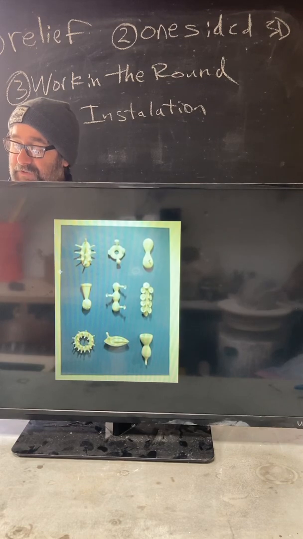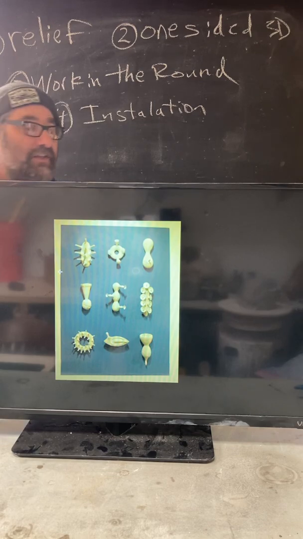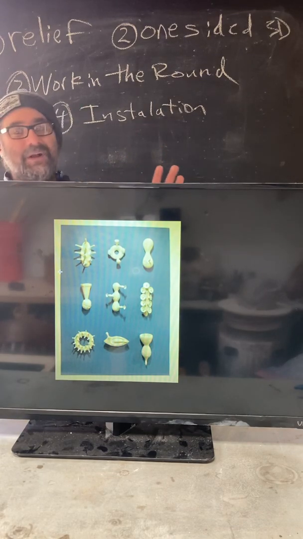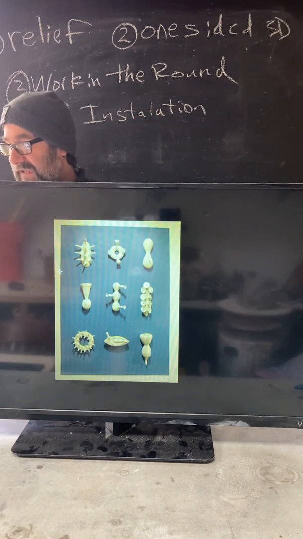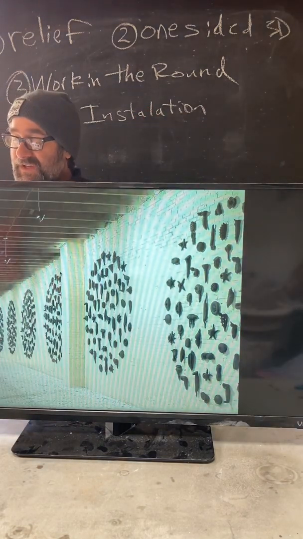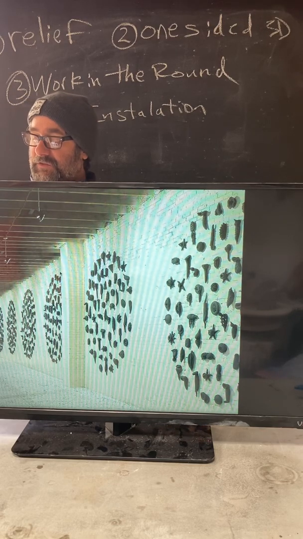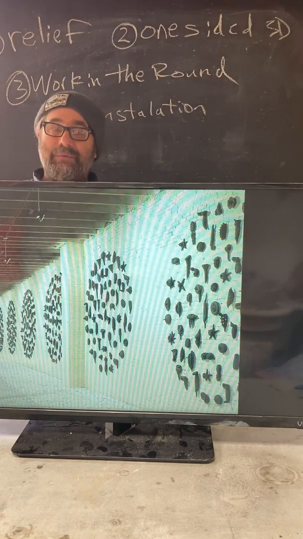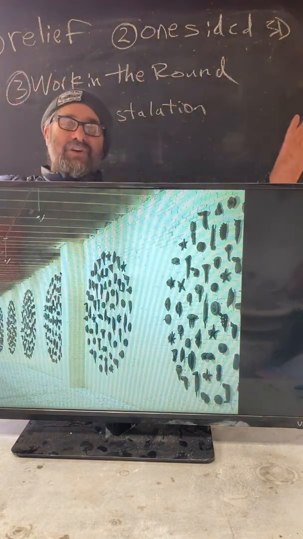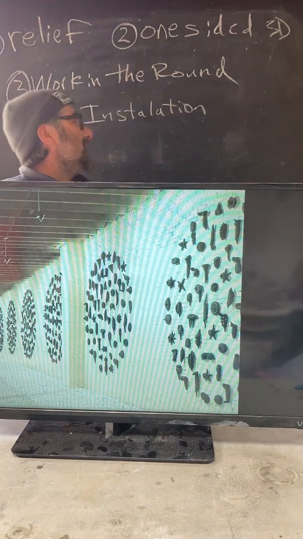This is a person by the name of Sadashi Inazuka. You can see here, these forms are very three-dimensional, each in their own right, but because he has them on the wall, they really read again as one-sided 3D. Here again, you can see another example of Sadashi Inazuka, one-sided 3D work, but maybe by repeating it so much and covering all the wall of the whole gallery, it starts to ebb toward installation.